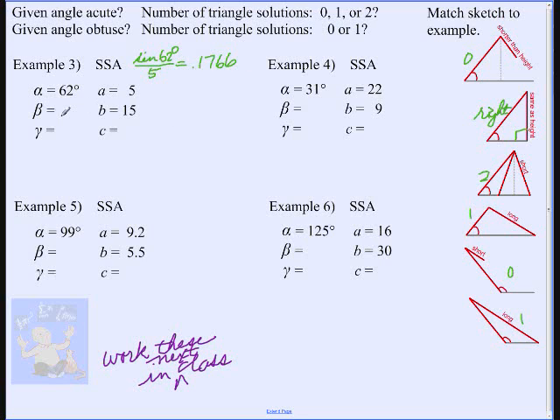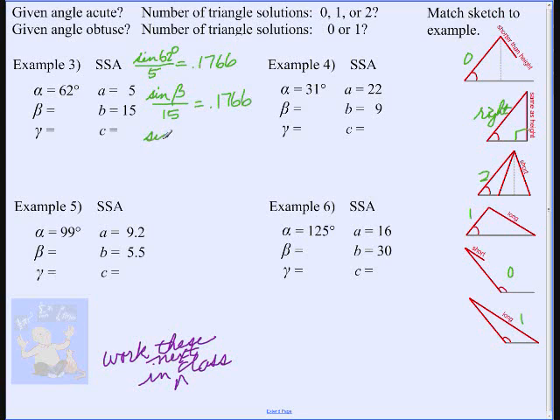Now I can figure out what beta is. Since this is shorter than the other given, it's possible that I have two triangles. It's also possible that I have none. We'll know shortly. Okay, so the sine of beta over its opposite side, 15, has to be equal to 0.1766.